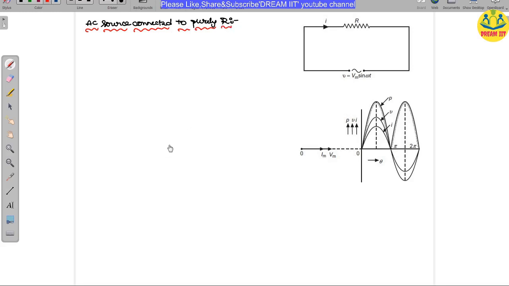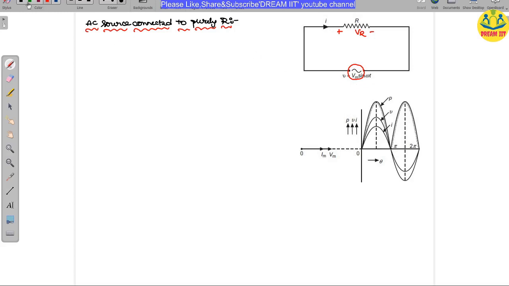There will be a voltage drop across this resistor, that is VR, and we have a voltage source, v equals Vm sin omega t, represented here.